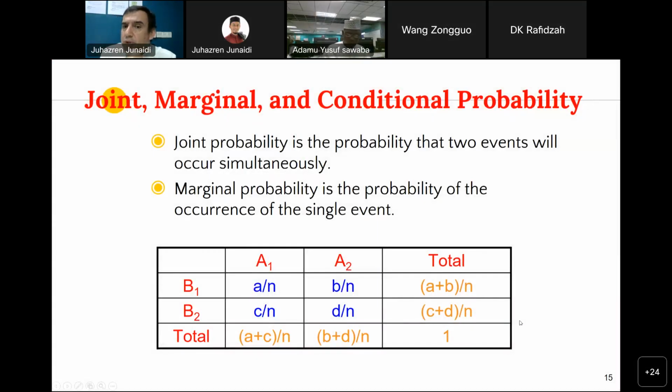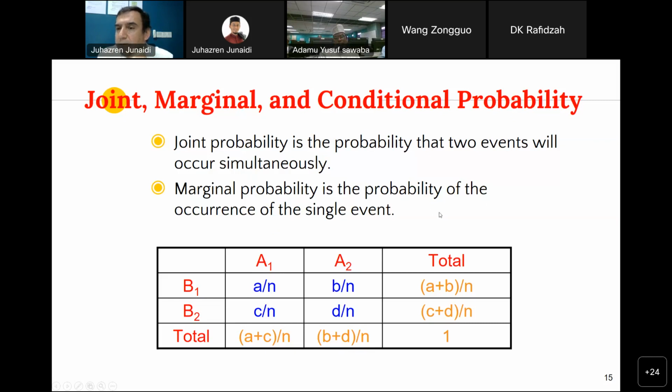In terms of joint probability, the joint probability is the probability that two events will occur simultaneously, okay? And marginal probability is the probability of the occurrence of a single event. So like this, the joint probability would be B1 and B2 in the case of A1.